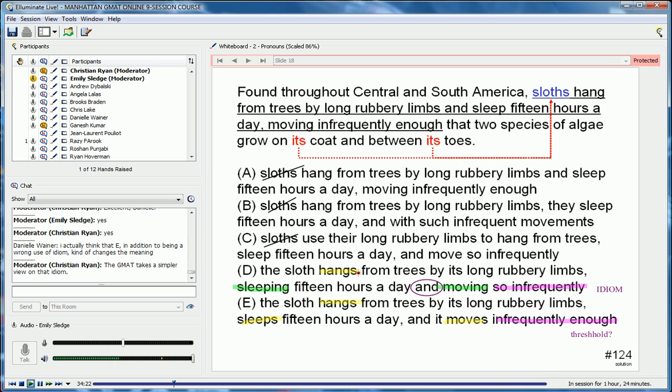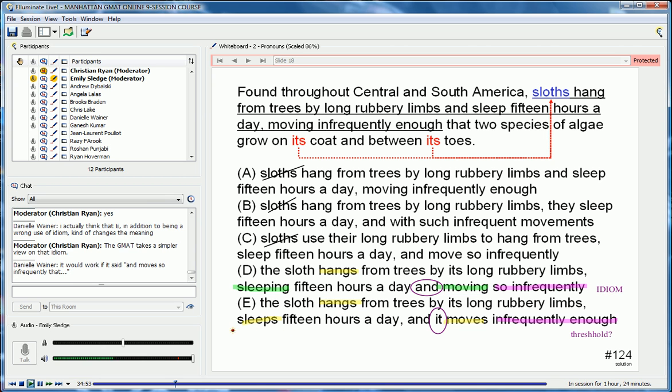And on that topic, let's say you were aiming for extra parallelism, and you said, well, why not make them three separate activities that the sloth does? You could do that, and that would be legitimate, but there is something here ruining it. It's the deadly pronoun it. Notice this messes up the parallelism, because what we have is the sloth hangs, the subject and verb.